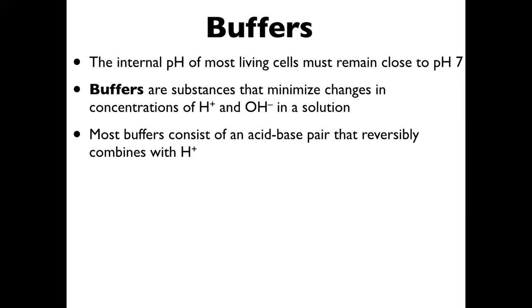So it basically is something that can act as both an acid and an alkali, and it's usually a mixture of both. So a good example of a buffer that is used in your body, particularly in your blood, is carbonic acid.